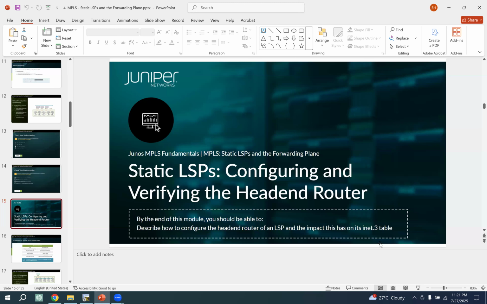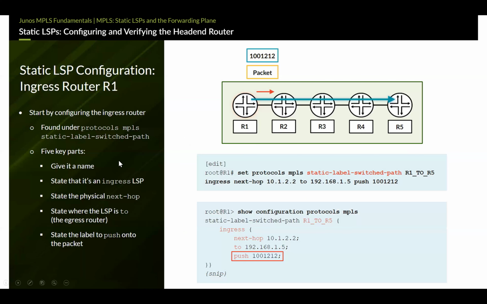So let's move on to configuring a static LSP. How to configure the static LSP? From the head-end router, that means the ingress router, which is router 1, you push or insert a label towards router 2.